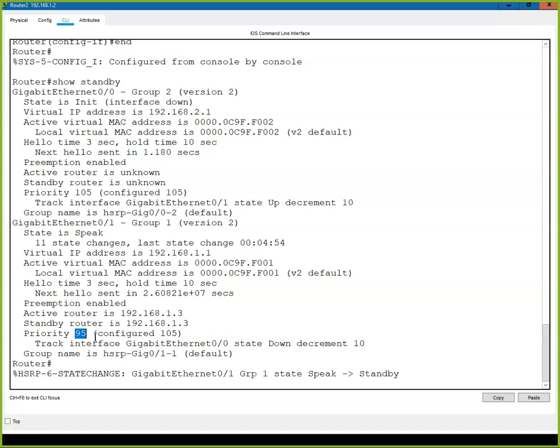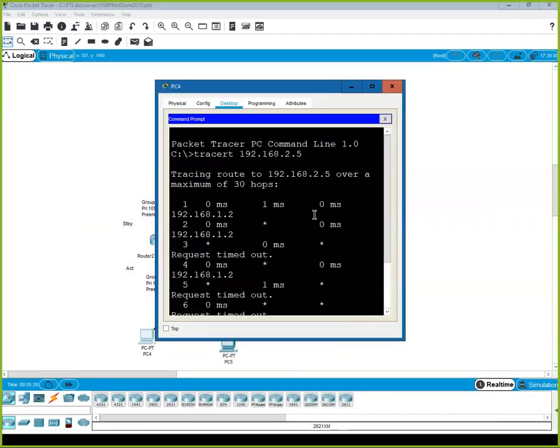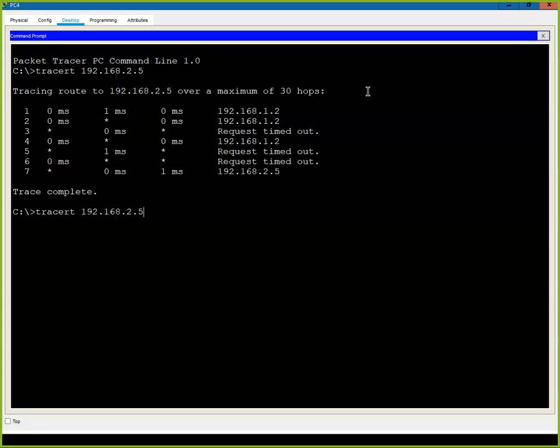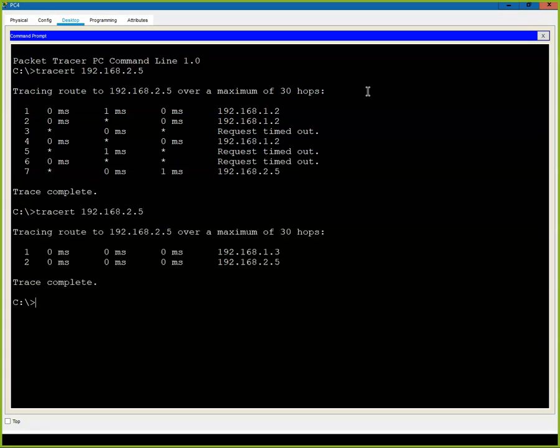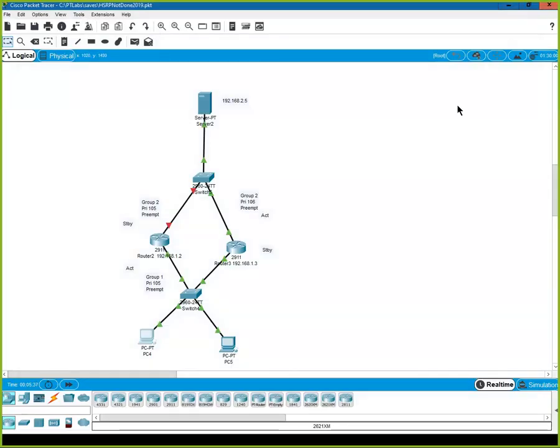We had the preempt enabled on the other side. And now when I try to do my trace route to 192.168.2.5, we go to 1.3 and we get there. Those are some configurations that take place in the Hot Standby Router Protocol, the HSRP.